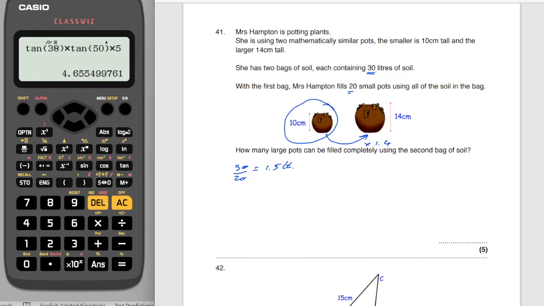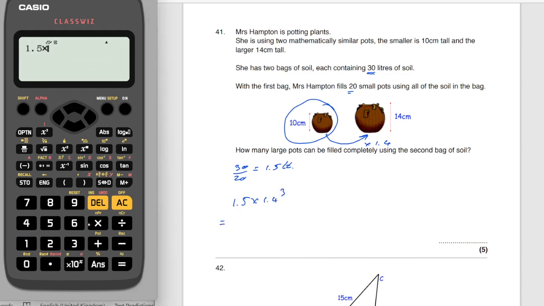So the volume scale factor is going to be that cubed. So each of the larger pots is going to hold 1.5 times by 1.4 cubed. Each large pot will hold 4.116 litres of soil.